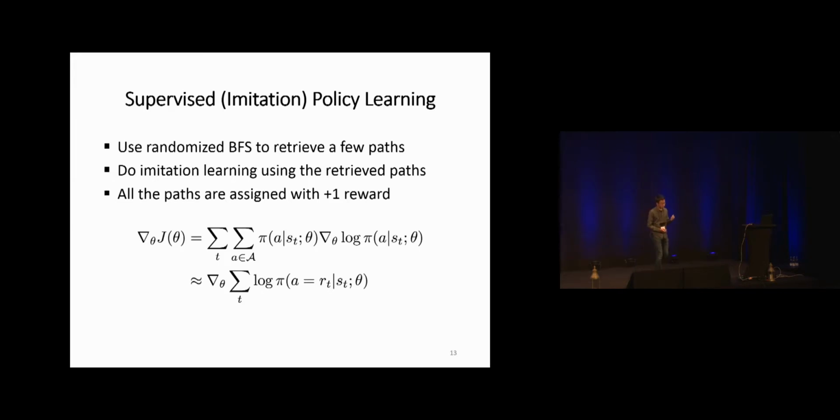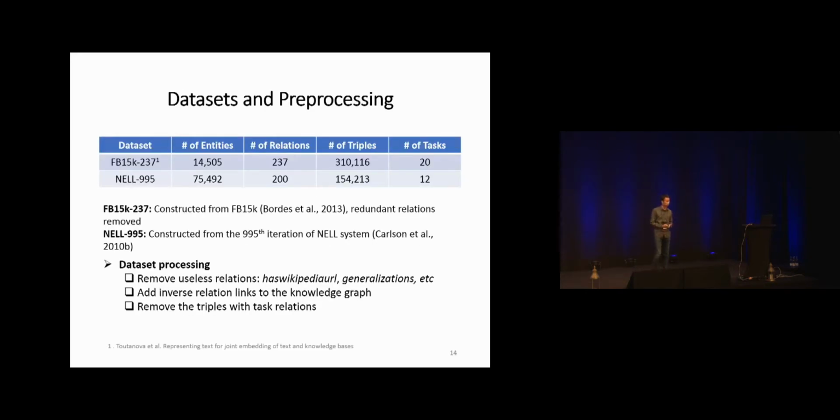To test the proposed model, we use two different datasets. The first one is based on Freebase and is constructed from the FB15K dataset, but with redundant relations removed. We also constructed a new dataset based on the Never-Ending Language Learning system. To process the datasets, we first remove some useless relations, like has Wikipedia link or generalization.